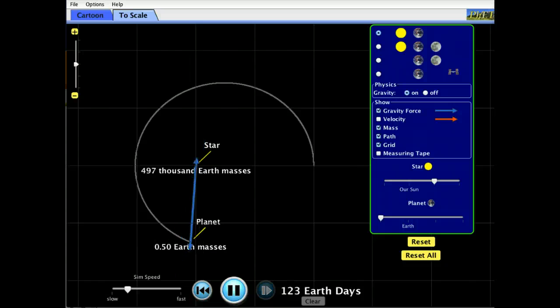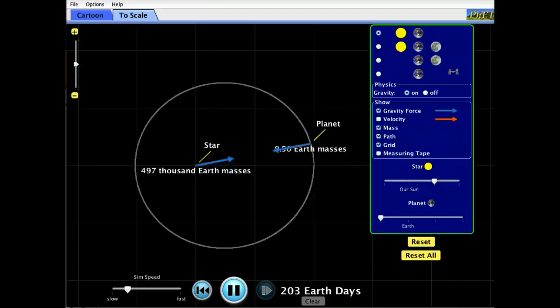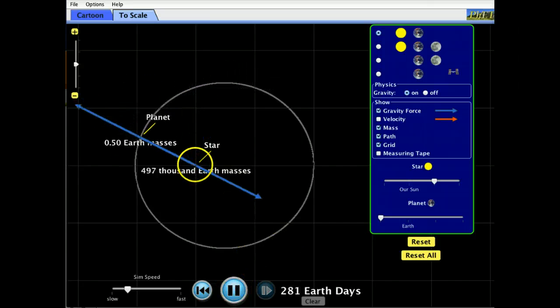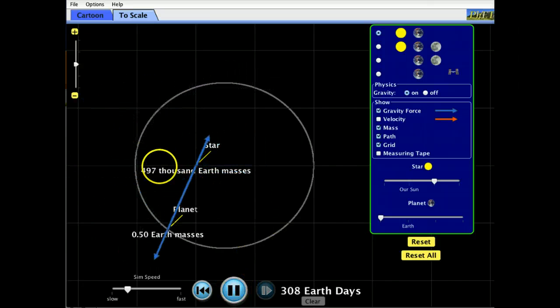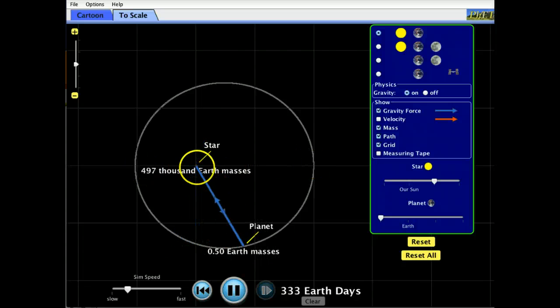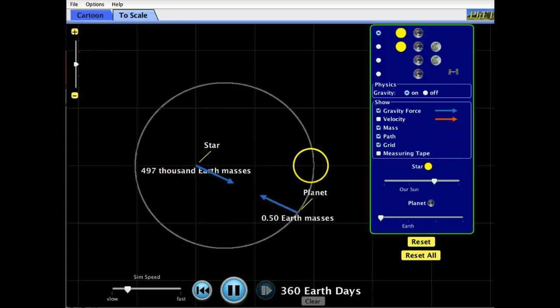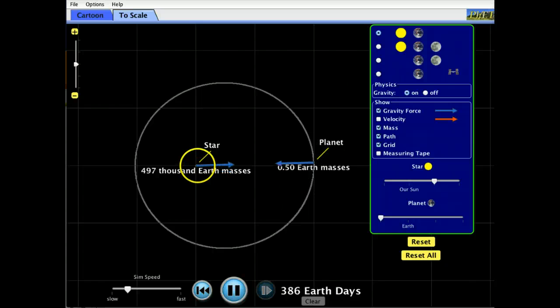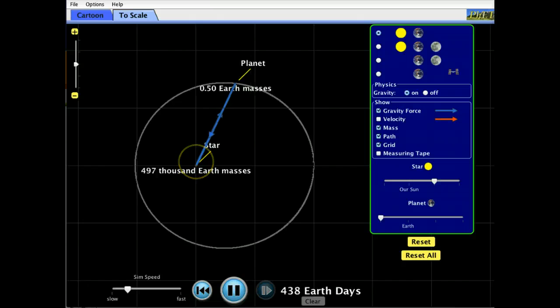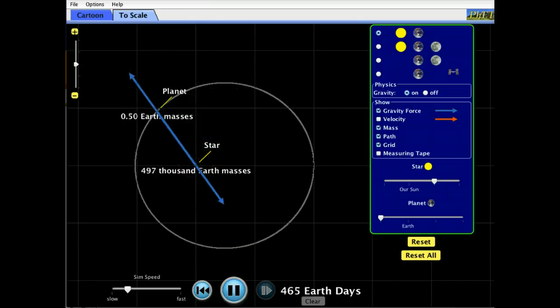Gravitational forces increase, decrease. Interesting. I haven't tried all these scenarios. Look how close the orbit is at one point. It's twice as close at one point than it is in another. So it's super elliptical. The sun is definitely not in the middle anymore. Interesting.